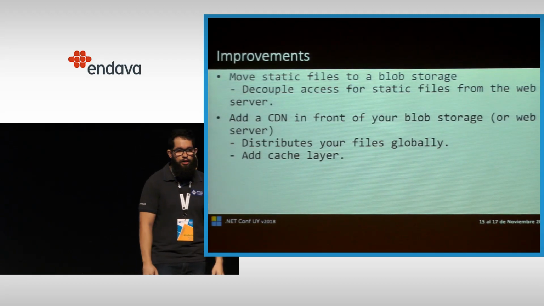So if I'm accessing your website from Brazil, I'm going to get served files from the Brazil edge. So the files will be closest to me, so they will be downloaded fast. And you don't need to use blob storage for that. You can just point the CDN to the same public folder on your website, okay? And it also acts as a cache layer.